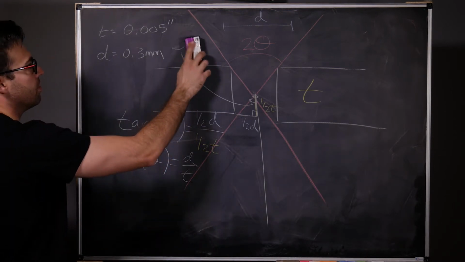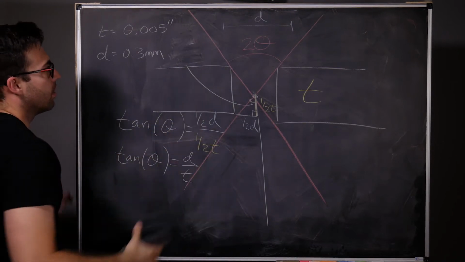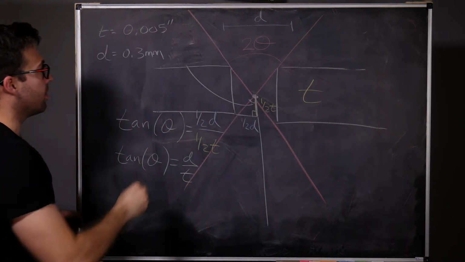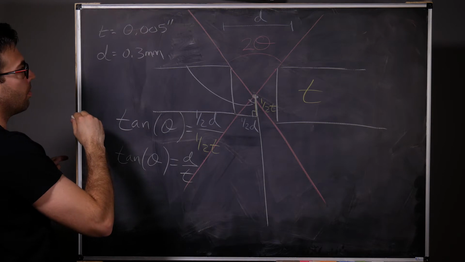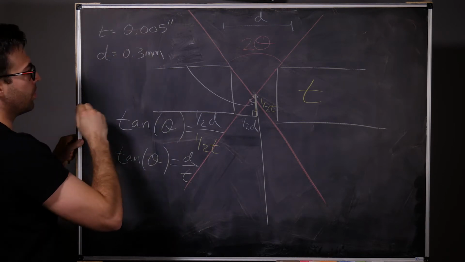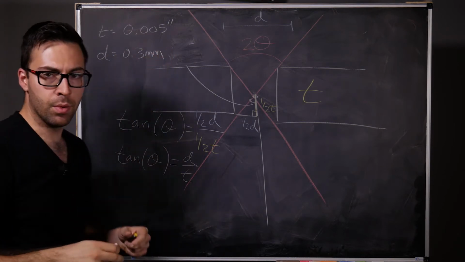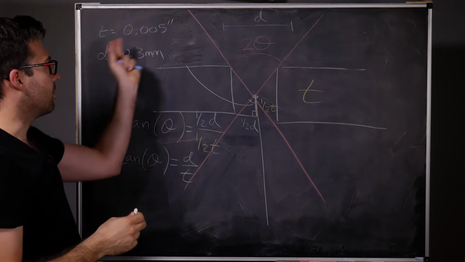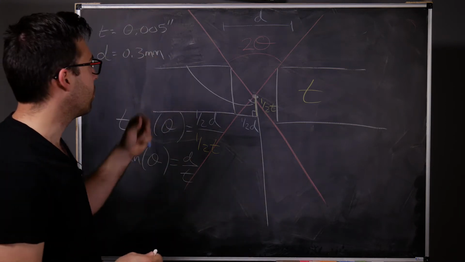So I'm just going to erase this for a second. And if we convert this to millimeters, basically what we would do is we could go to Google and say convert inches to millimeters, and it would do it for us.